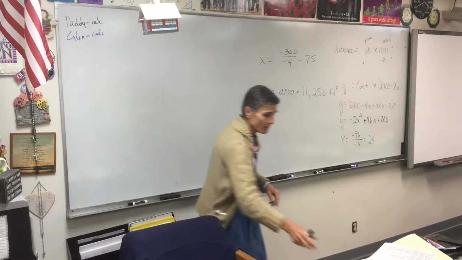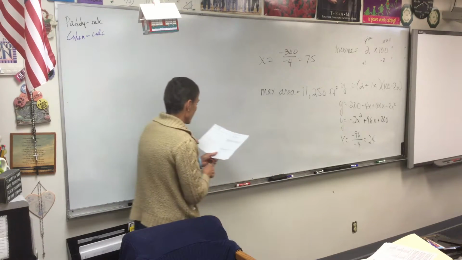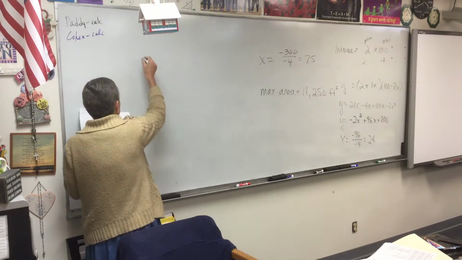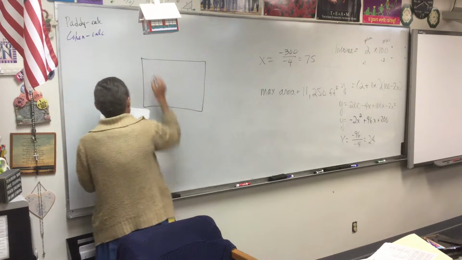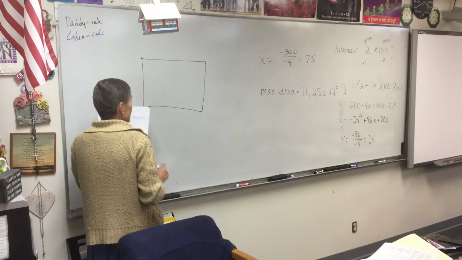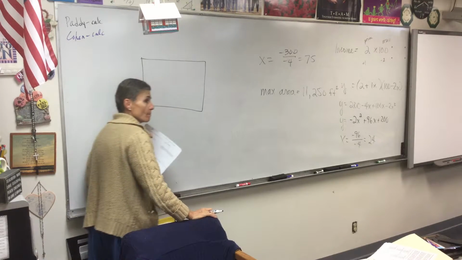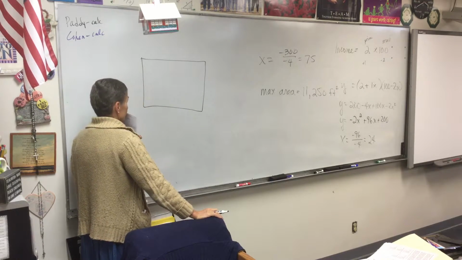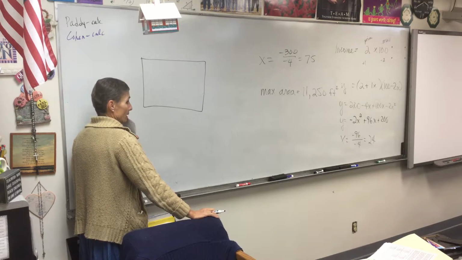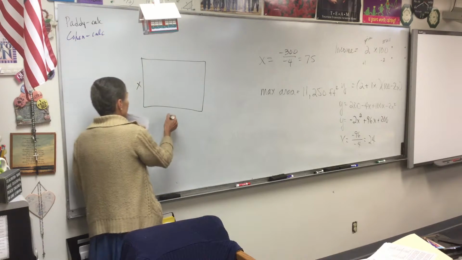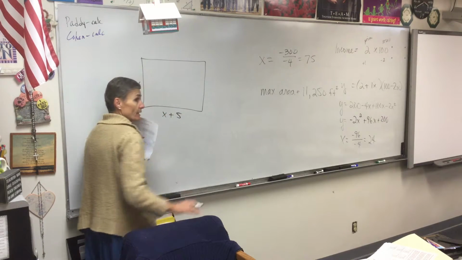We're still going to write an equation. What's that equation going to look like? Here's the picture. It says the length is 5 feet more than the width. What's that going to look like? So x will be the width and x plus 5 will be the length.